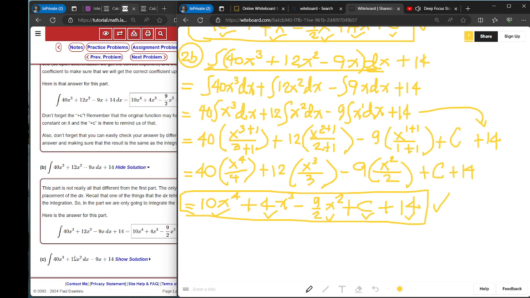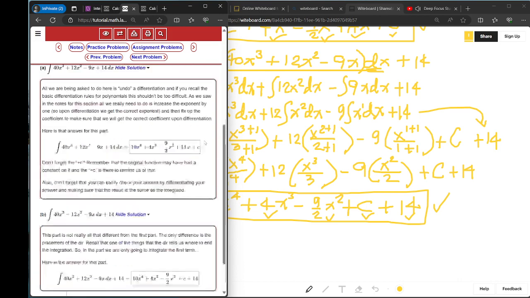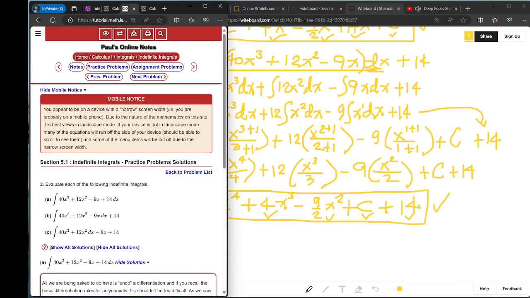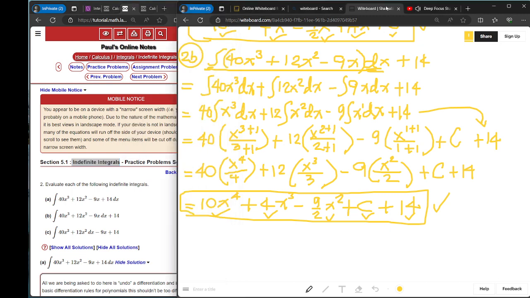By the way, the topic is under indefinite integrals. When we say indefinite integrals, it means we are summing up numbers from negative infinity to positive infinity. There are no values in the integral sign. Commonly, if we have values here, for example 0 to 2, then we will need to substitute these values to our x.